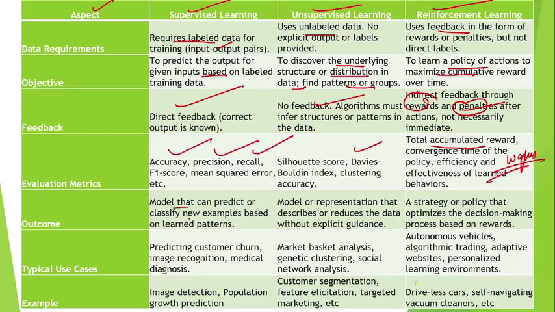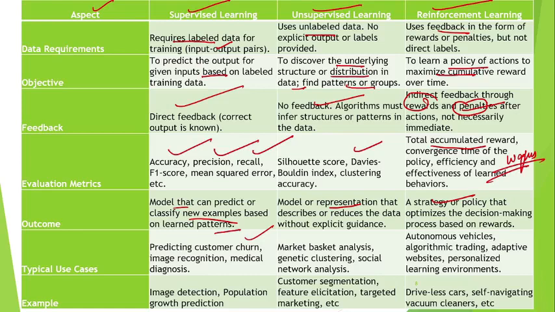Outcome: the model can predict and classify new examples based on learned patterns; a model represented through decision trees or rules; strategic policies being observed here; decision making with rule-based rules. Predict customer churn, meaning how many are going to take a subscription and how many are not going to. That's an example, correct?